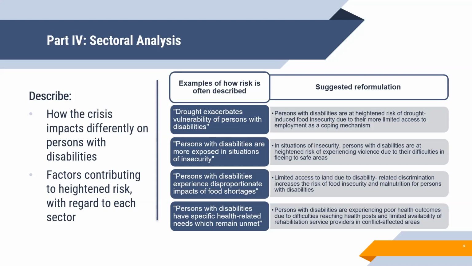So it's not only important to understand what kind of risk persons with disabilities are exposed to, but also to understand the cause, the factor leading to that. In this case, an inability to run or flee to a safe area. This is one example. Of course, you have several other examples, but for time's sake, we will stop here.